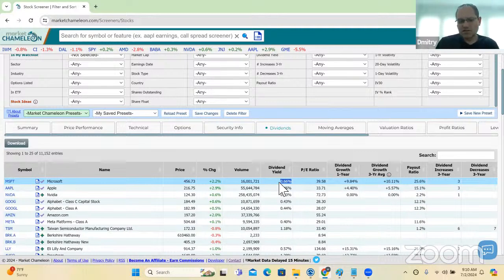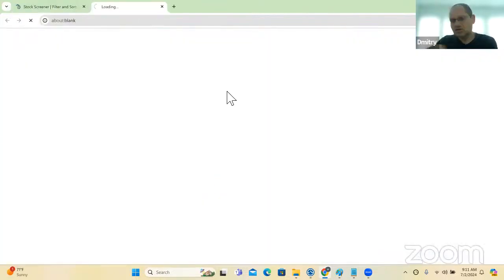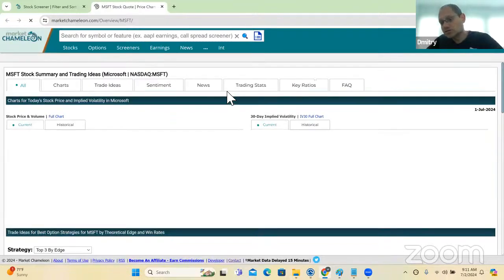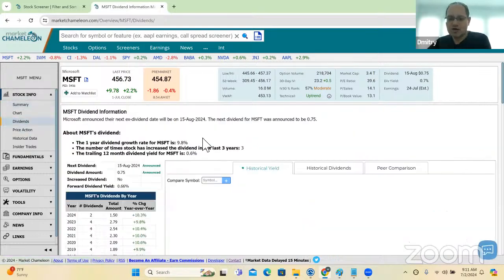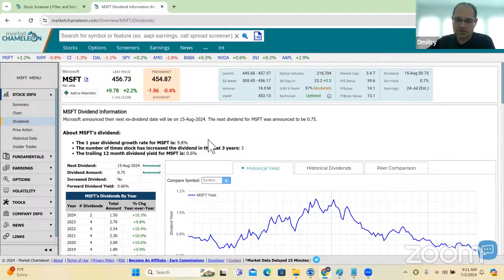Okay. And we could even take a look at Microsoft's before I get to the payout ratio. Usually if the company's doing well and starts making higher revenues, higher earnings, they'll try to raise the dividends as time goes on.